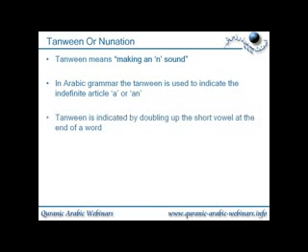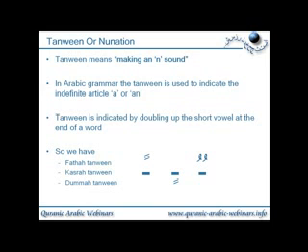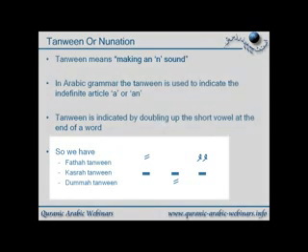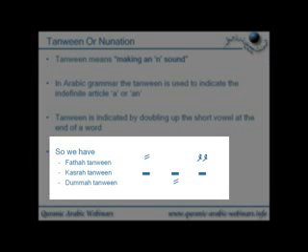Tanween is indicated by doubling up the short vowel at the end of a word. So you'll see the Tanween at the end of a word. And here's an example, or a few examples. We've got the two dhammas, so that's a dummahtain, and we've got the two kasras and the two fathahs. So terminology wise, at the moment we'll call these fathah tanween, kasra tanween and dhamma tanween.